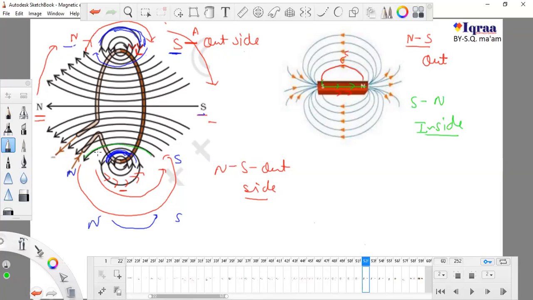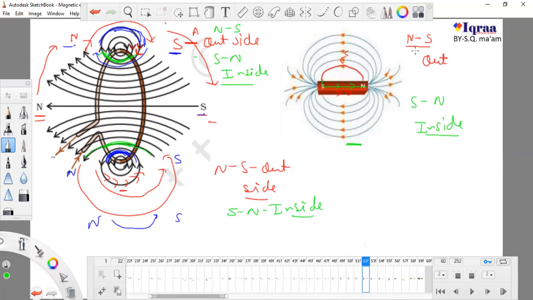South to north, this is the inside part, so south to north inside. Okay, so it shows both things as this magnet does.